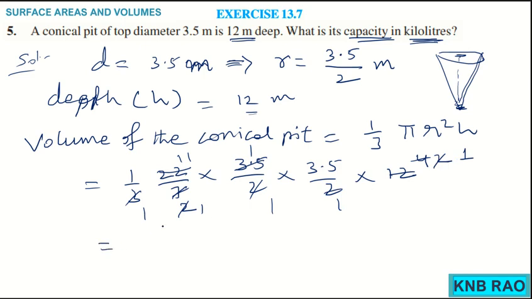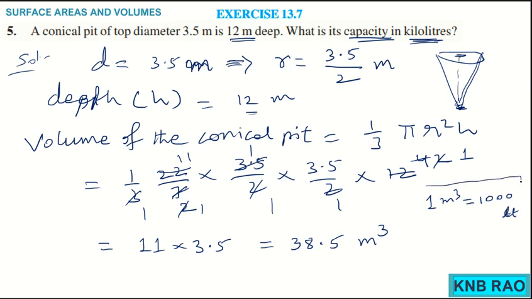Now 11 into 3.5 is to be multiplied. You know the product 11 into 3.5 is 38.5 meter cube. Children, you know 1 meter cube is 1000 liters.